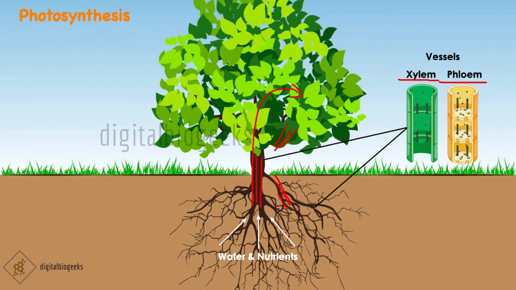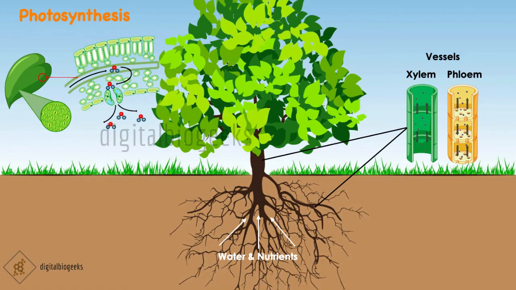Another raw material for photosynthesis is carbon dioxide. There are small pores on the leaf surface for the gas exchange in the plants. These pores are called stomata. Plants lose water through a process called transpiration through these stomata. These pores are guarded by guard cells.